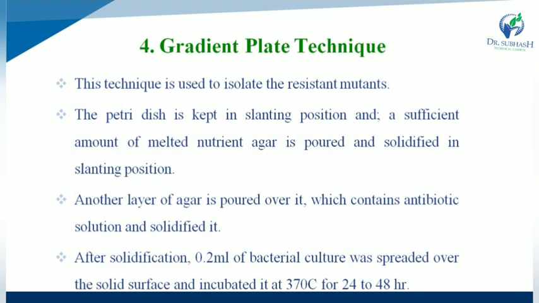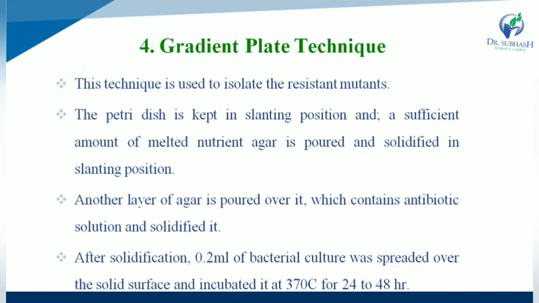Next one is the gradient plate technique. In the gradient plate technique, this technique is particularly used to isolate resistant mutants. So that is useful for isolating resistant mutants, and the petri dish is kept in a slanting position.